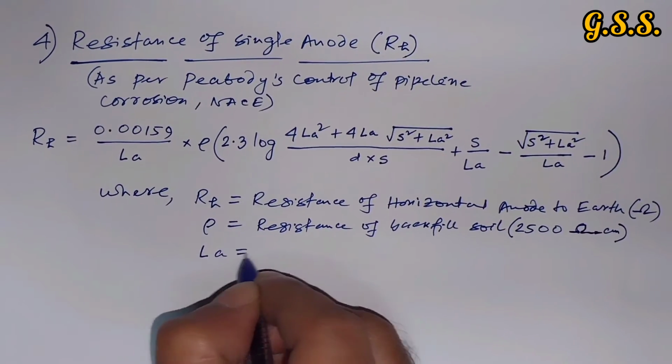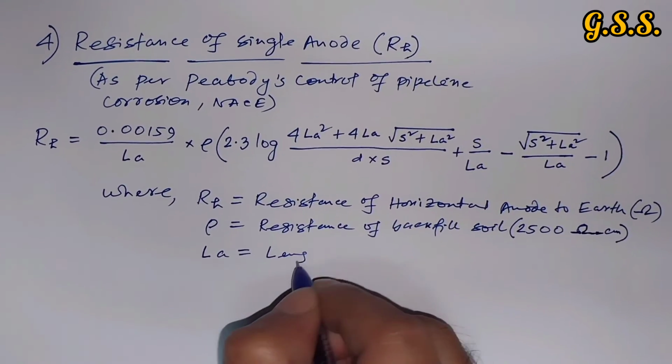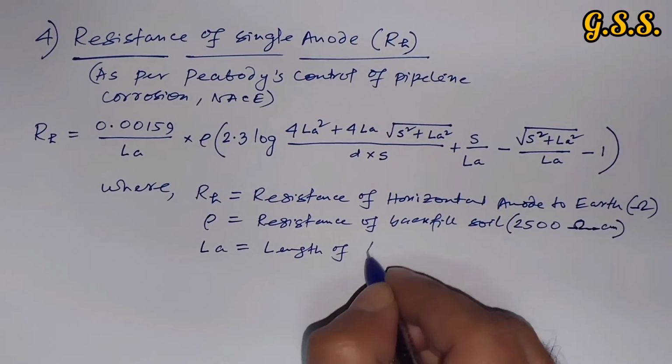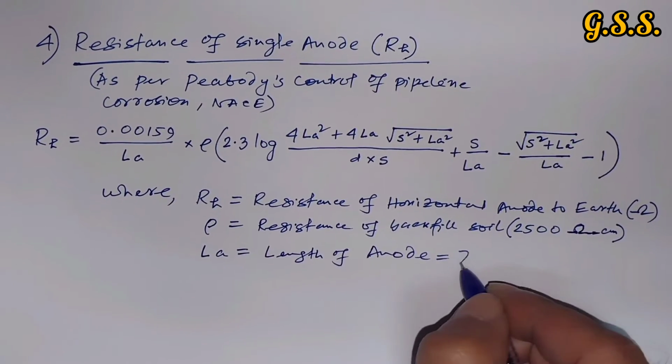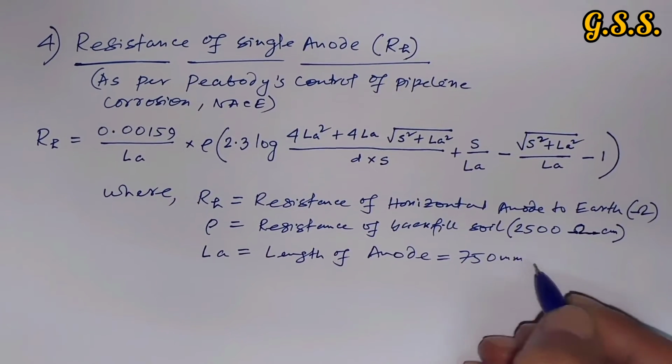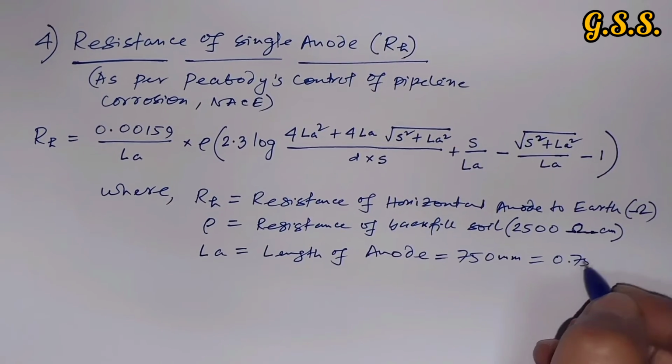LA equals length of anode equals 750 mm equals 0.75 meter.